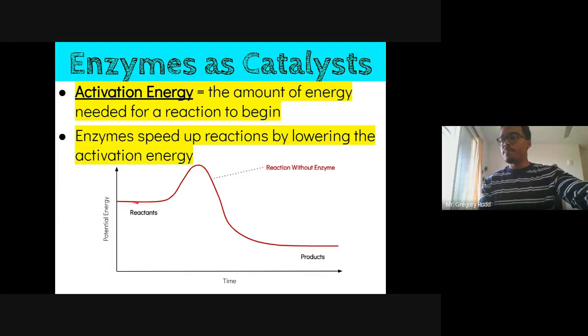We will see, similarly, another hill, just like we see a hill here. So the potential energy will initially go up, but the difference is it doesn't go up as much. So the reaction with an enzyme is represented by this green curve here. We can see that the hill is much shorter.